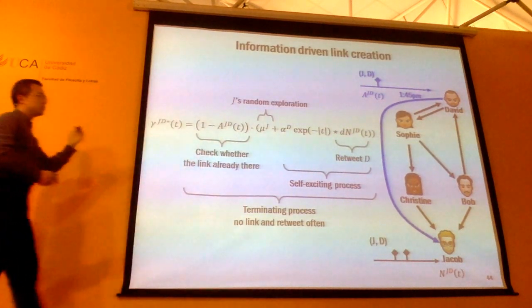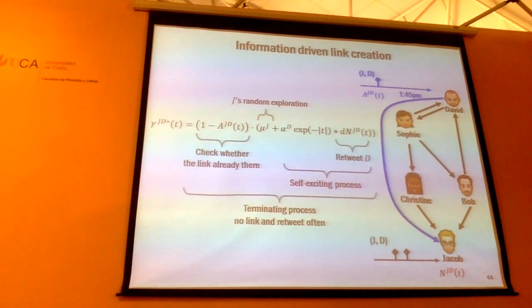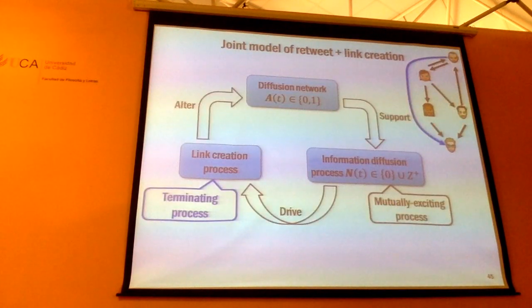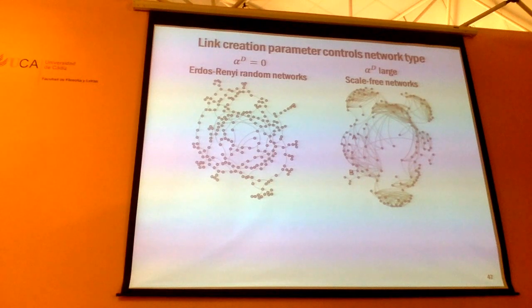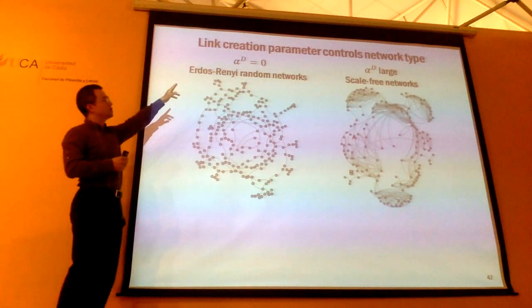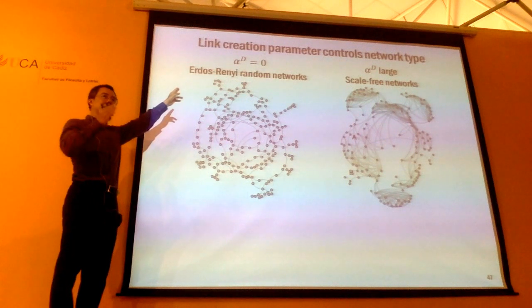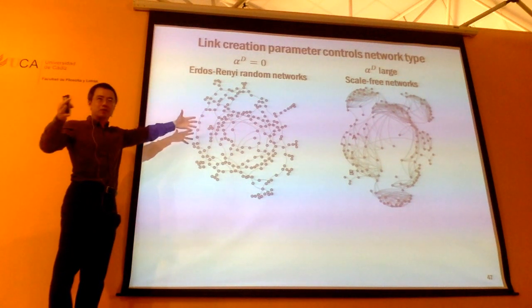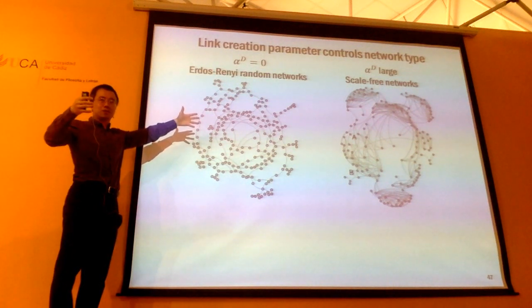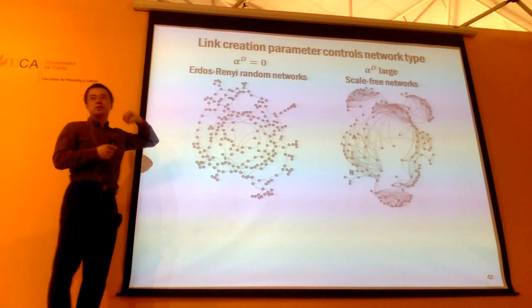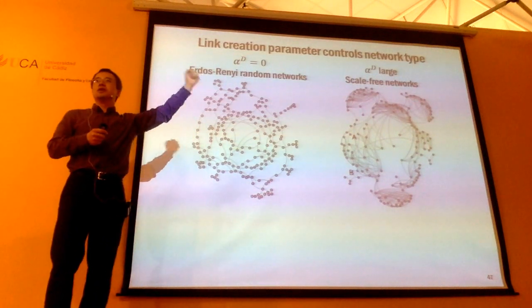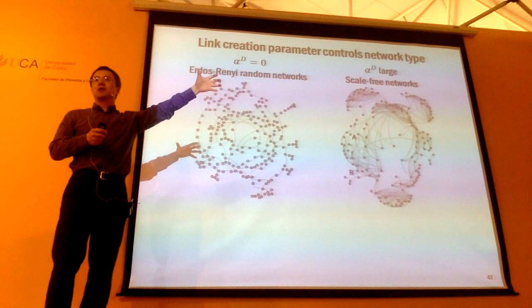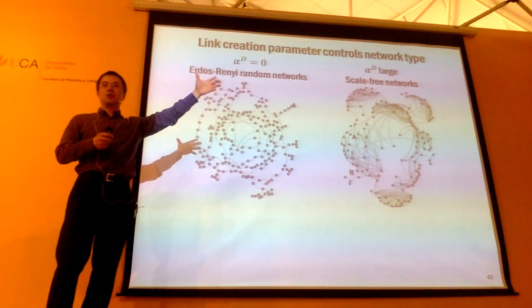So you can change this parameter and generate data and look at this network. What is the property of this network? Right? So each time you generate a network, you can do some statistics. At a particular time point, for instance, if you set alpha to 0, the creation of a link doesn't depend on the information diffusion process. Right? So every time that this Jacob created a link, it just randomly picks one to create a link. So you're getting back this traditional random graph model.